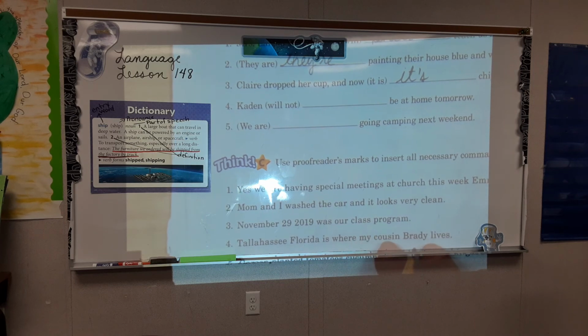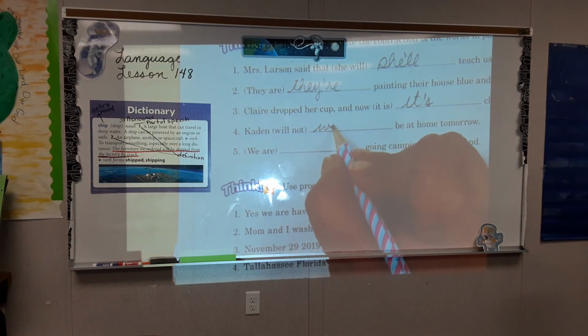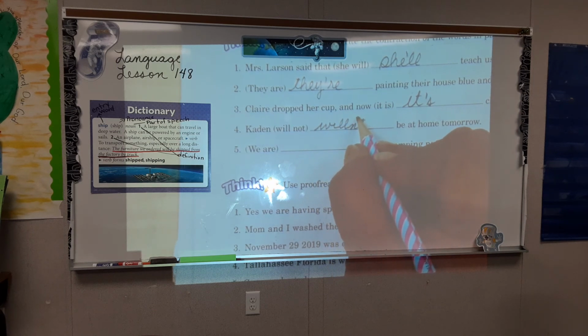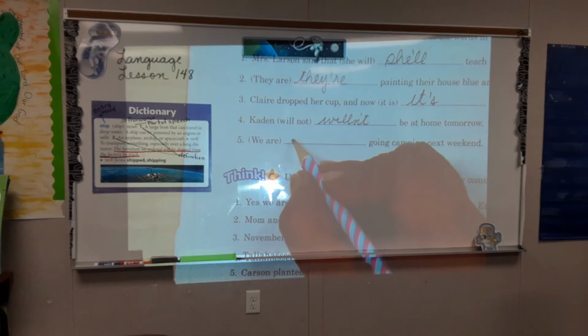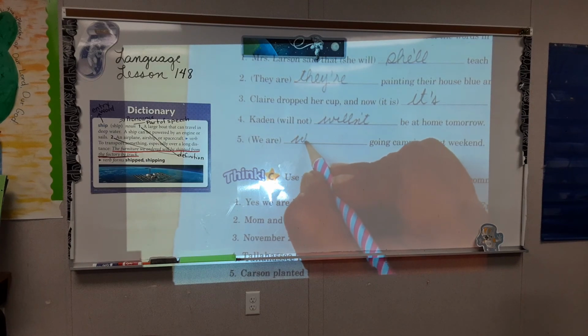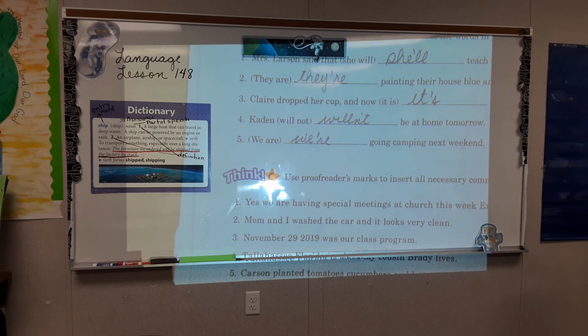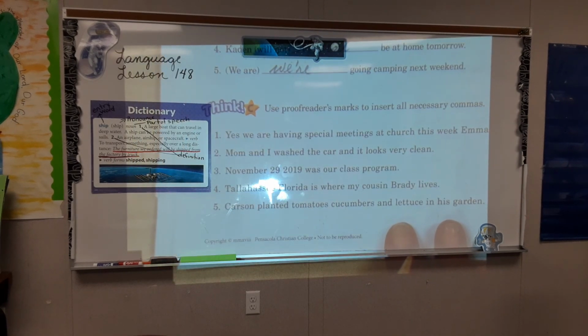Caden will not be at home tomorrow. We are going camping next weekend. Use proofreader marks to insert all necessary commas.